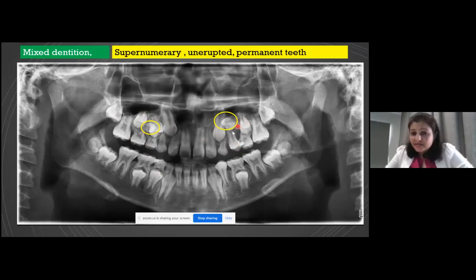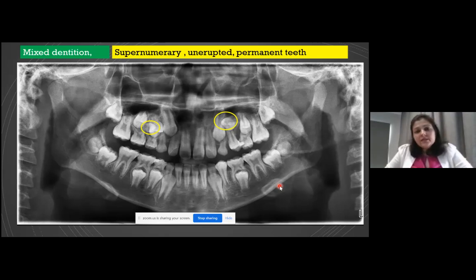And what is this? This is a supernumerary tooth, right? That's how a panoramic radiograph can be a very valuable tool in mixed dentition, especially if there is delayed eruption or early eruption, or if there is indication of orthodontic treatment.